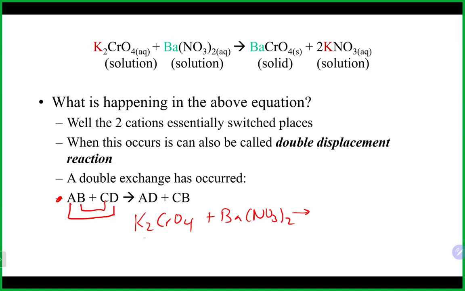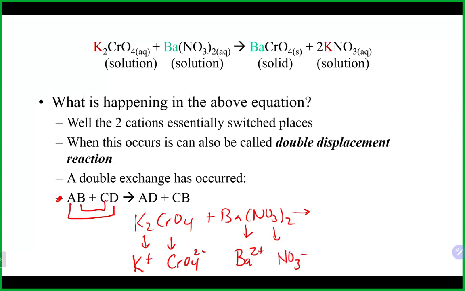So you just want to think about the basic ions that make this up. That's potassium from group 1, and chromate with a -2 charge. Basic units that make this guy up are barium with a +2 charge and nitrate with a -1 charge.